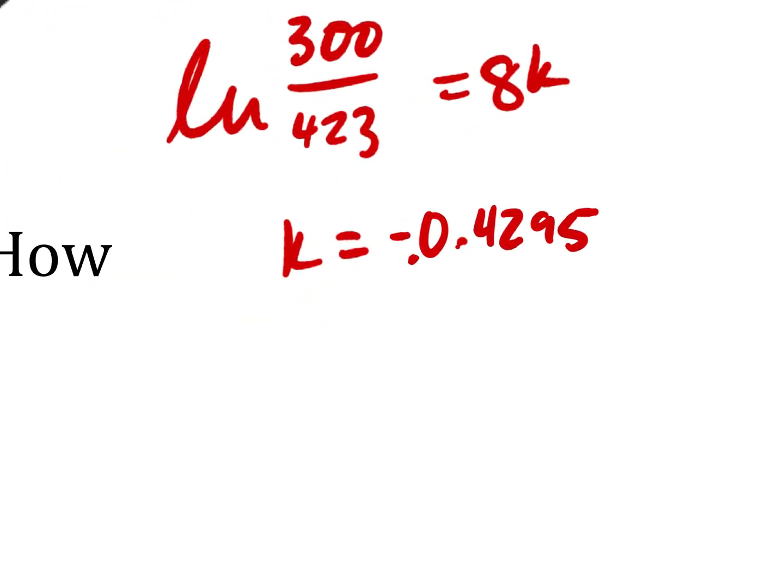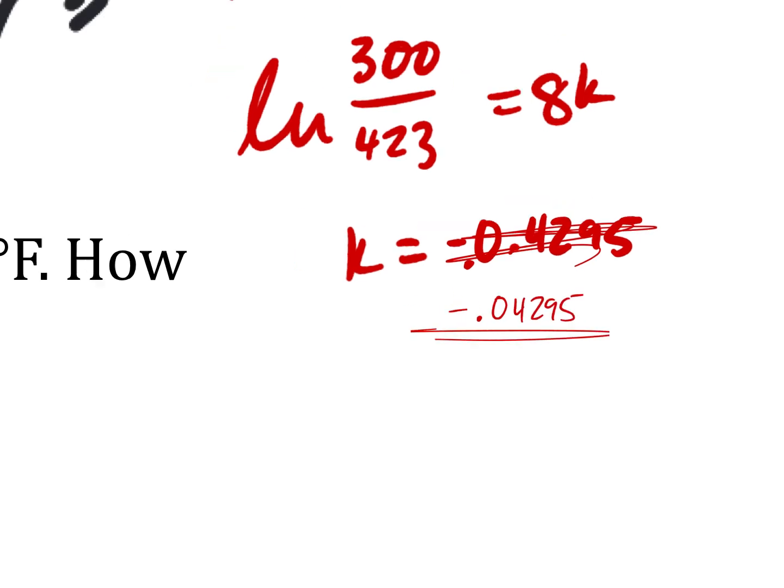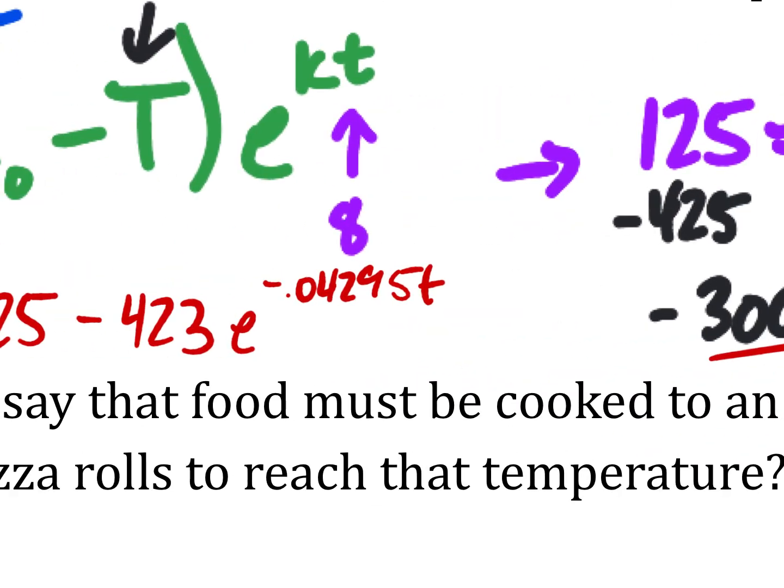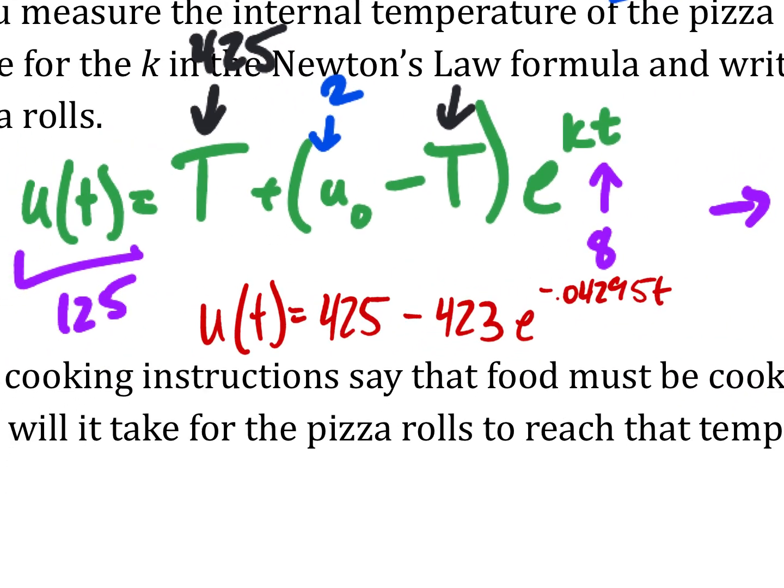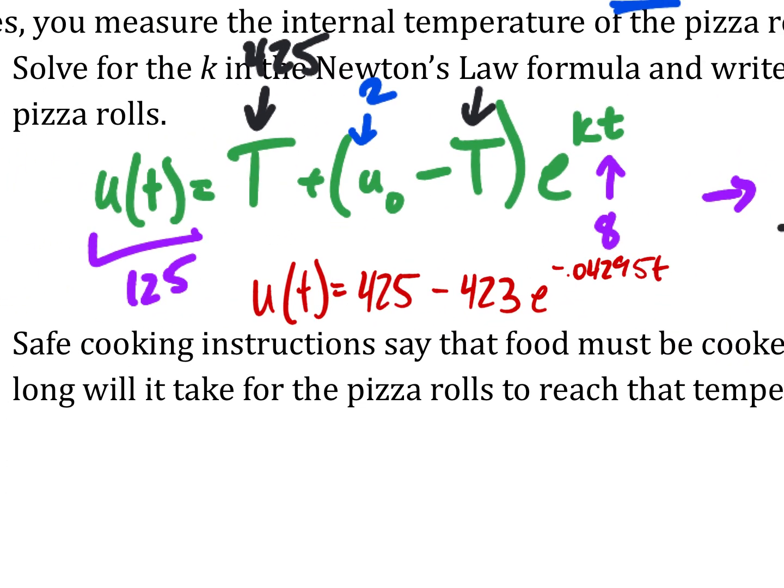The decimal point should have been here and not here. I'm sorry about that. I don't know why it's not letting me erase. All right, negative 0.8, oopsies, 0.4295. There we go. This is the number I want. All right, so I rewrote it over here like that. This is my function that I'm using for the problem.